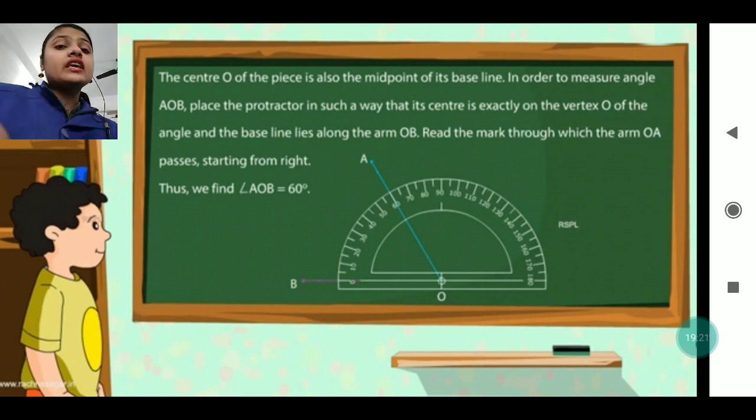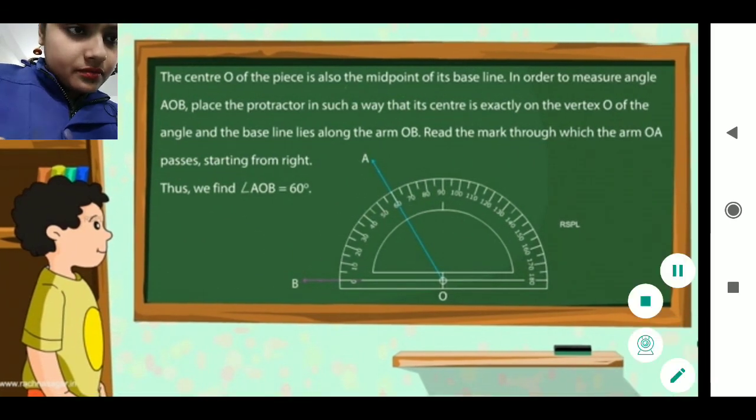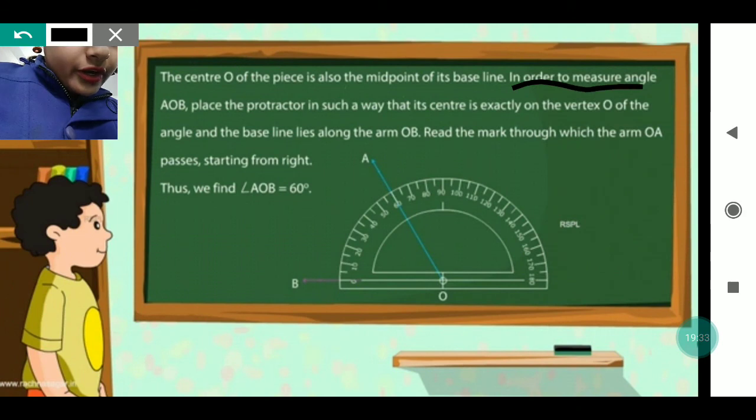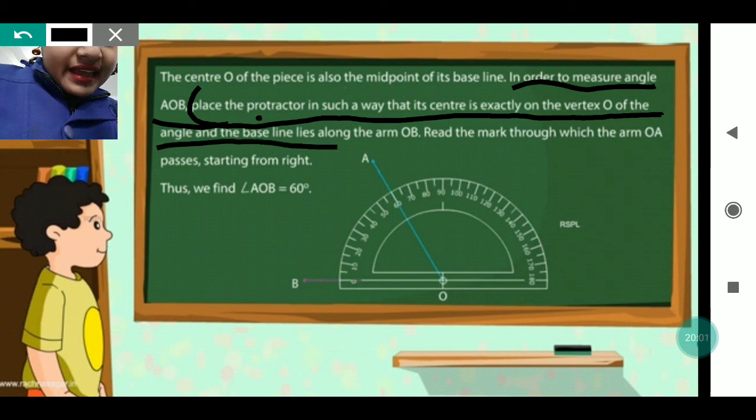It is very important how we keep the protractor. It is already written here, go through this line again. In order to measure AOB, place the protractor in such a way that its center is exactly on the vertex O, meaning protractor center with angle vertex. Not the angle's center, I am talking about the protractor's center, its midpoint, which should be exactly on O of the angle, and the baseline along the arm.